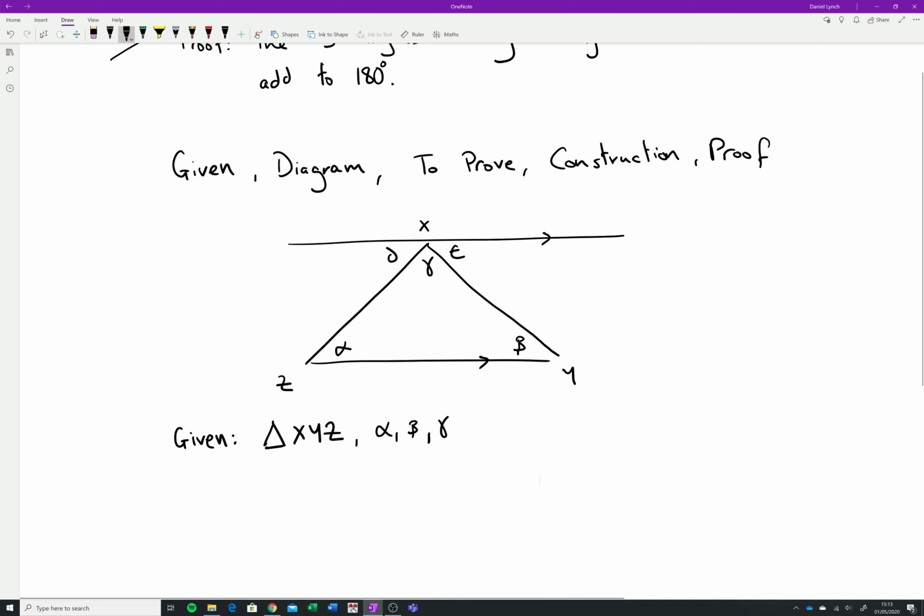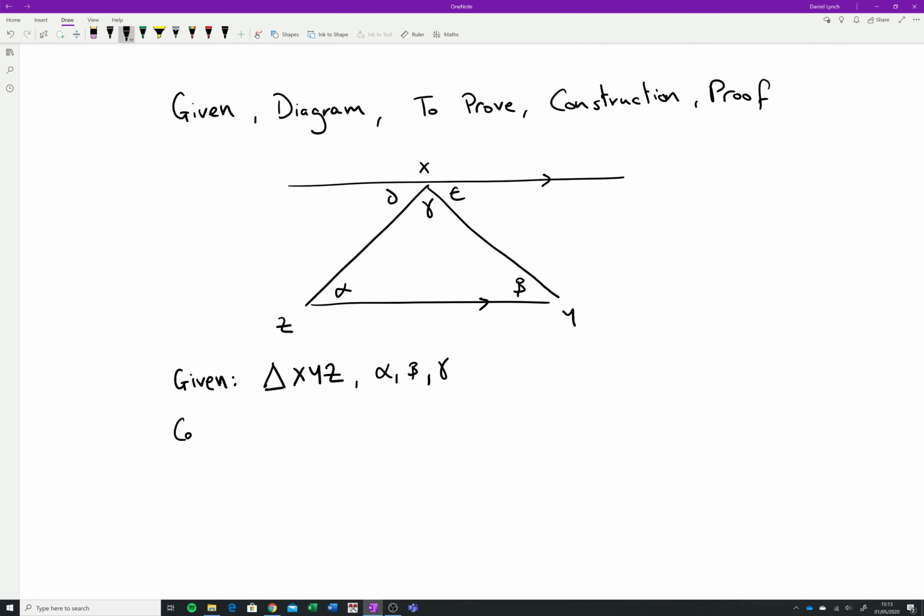So that's given. After that, I would write in the construction. Construction is anything else that you added in. So we'll call this line L here. So our construction was L, such that it's parallel to XY. That's why I've drawn in those little lines there. That is parallel to that, so you got to draw that in.